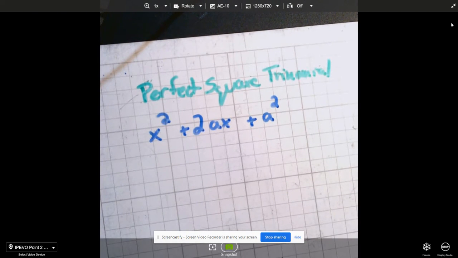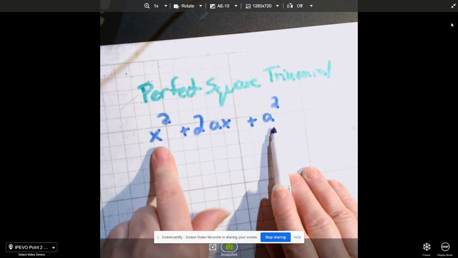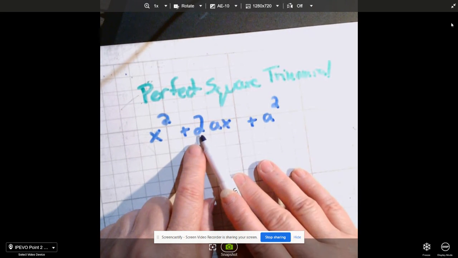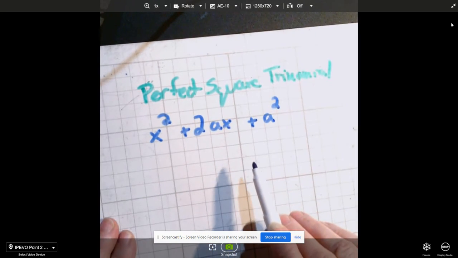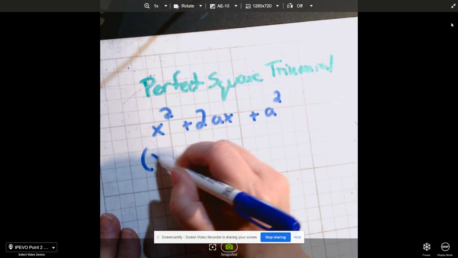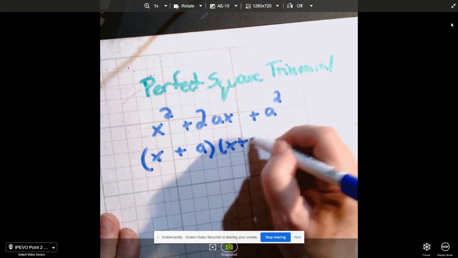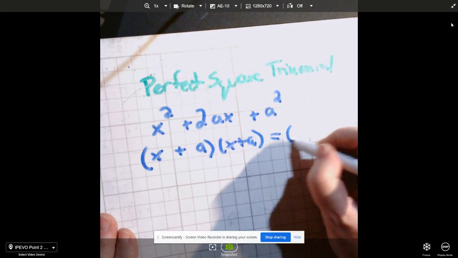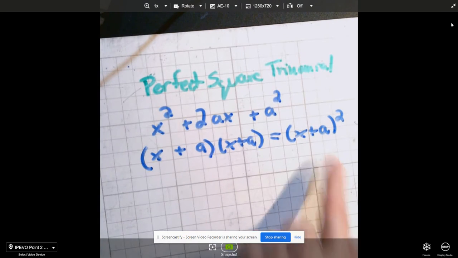Basically, if the first and last terms are perfect squares, the middle term will be 2 times the square root of the last one times the square root of the first one. If you have that, it will always factor down to x plus a, which is the same thing as x plus a squared. You could write it either way.